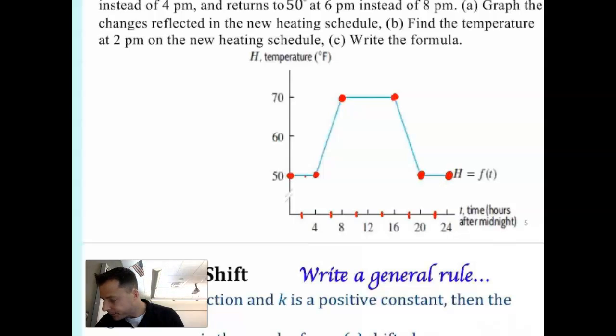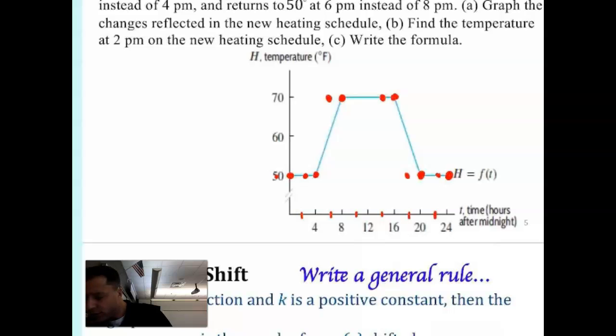Like it said, 4 a.m. is not 4 a.m. anymore, it's 2 a.m. Now technically I'd have to shift 0 over 2 to -2, but that's really not going to work because you can't have a negative hour. But you could consider maybe that 10 p.m. the night before, since 0 is 12 a.m. 8 is going to go to 6, right about there. 16 goes to 14, right about there, here, and here.